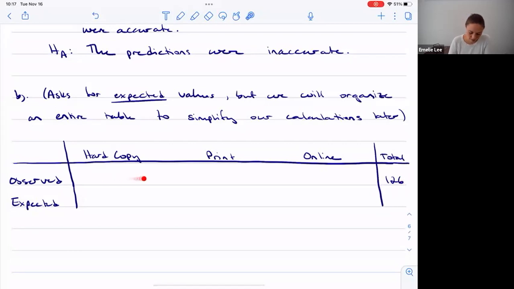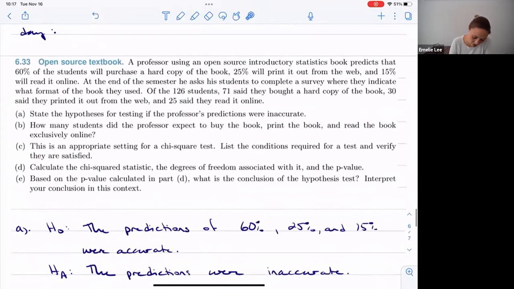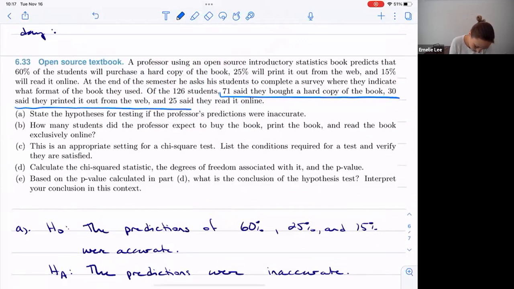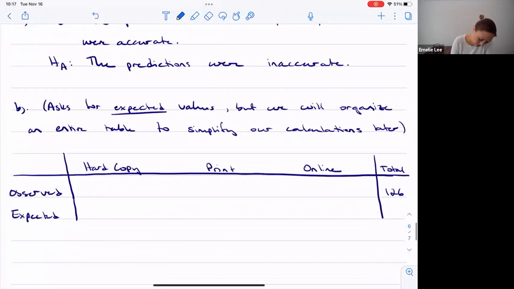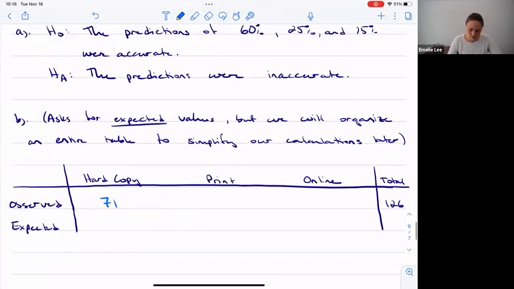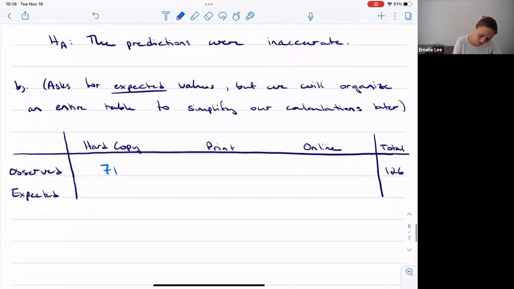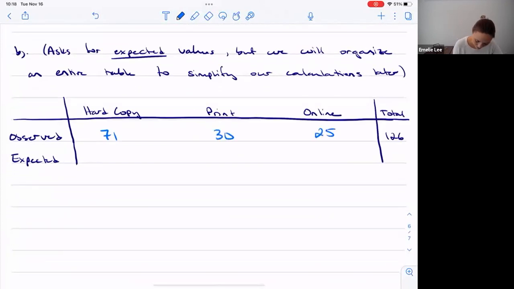These observed ones are easy because we just grabbed those from the question. 71 said they bought a hard copy, 30 said they printed it out from the web, and 25 said they read it online. It never hurts to double check your counts, right? 71 plus 30 plus 25 is 126, so that's good.